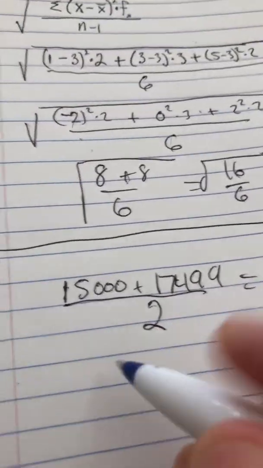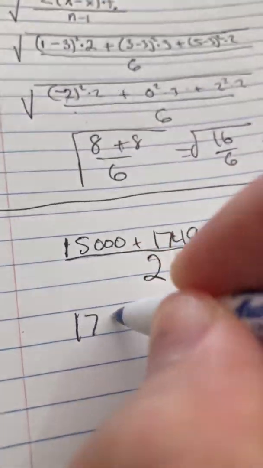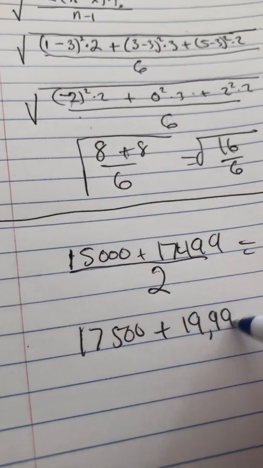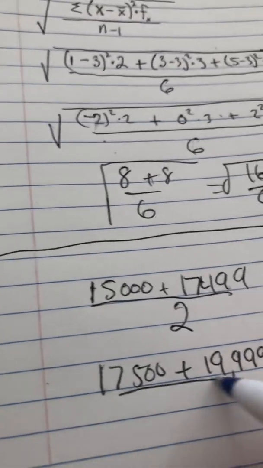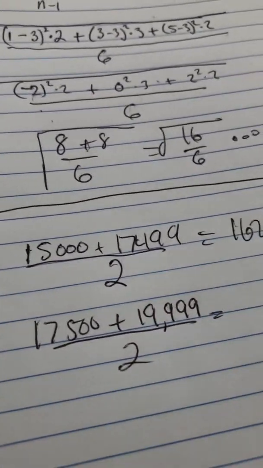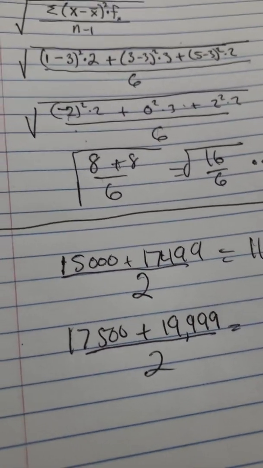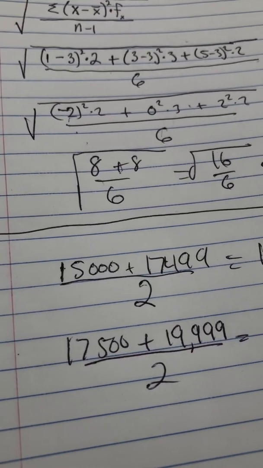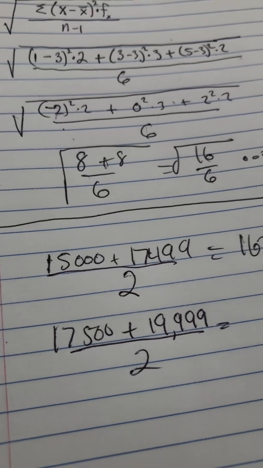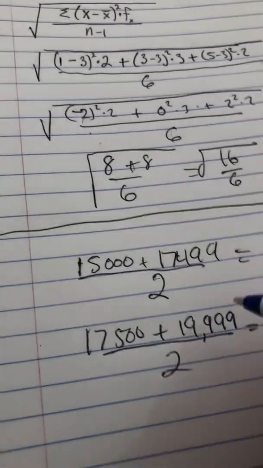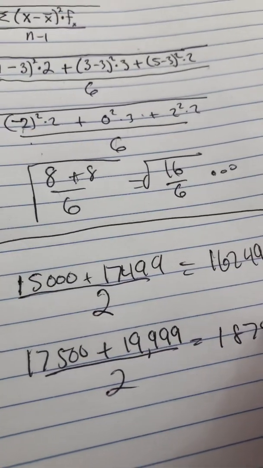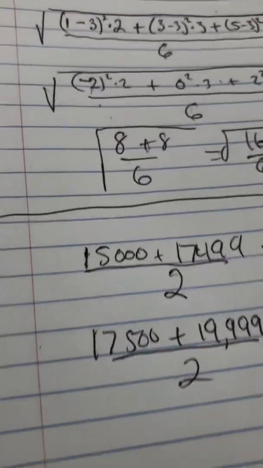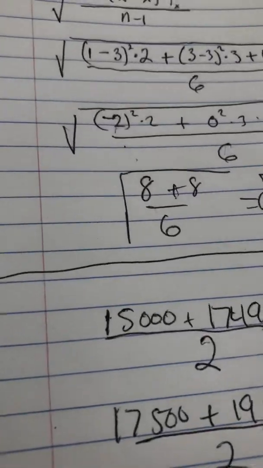And then we do the next increment, which is 17,500 plus 19,999. And we're going to divide that by 2. So let's see what that generates. 17500 plus 19999 divided by 2, and I get 18,749.5. And you're going to go all the way around and do those.